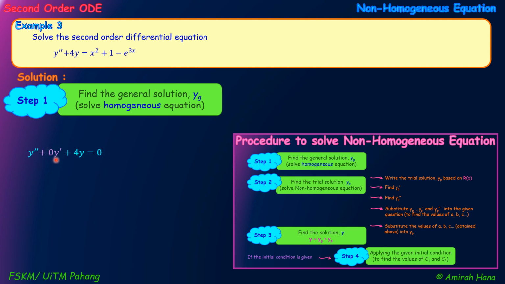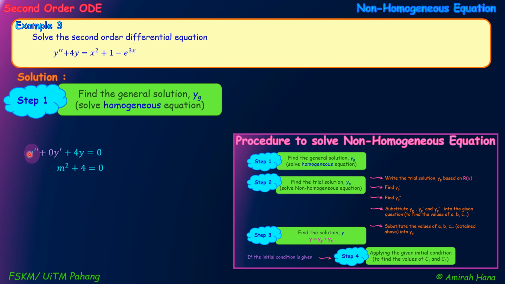We put 0 for any missing derivative to avoid error. That's why we put plus 0y prime here, because from the original question, there is no term containing y single prime. Alright, so from here, we need to find the characteristic equation.